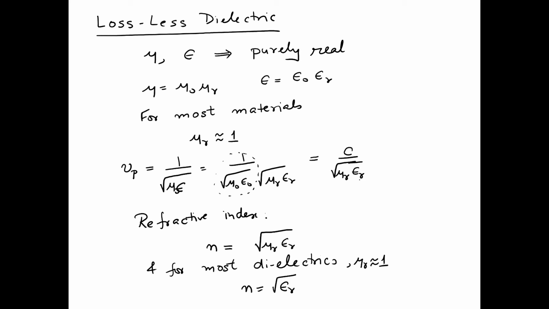It creates an electric field which opposes my external electric field, and the total electric field value goes down. The refractive index is basically a term which we define out of these materials. And it turns out that the phase velocity is c divided by square root of mu r epsilon r.